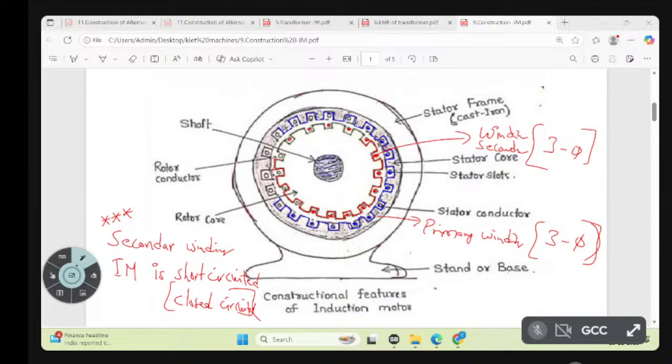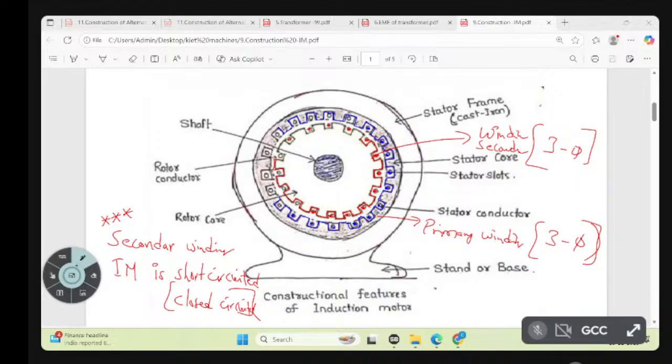So whenever the primary winding is connected to the supply, the primary winding is 120 degrees apart. It is wound in the stator slots and is capable of establishing a flux in the stator.